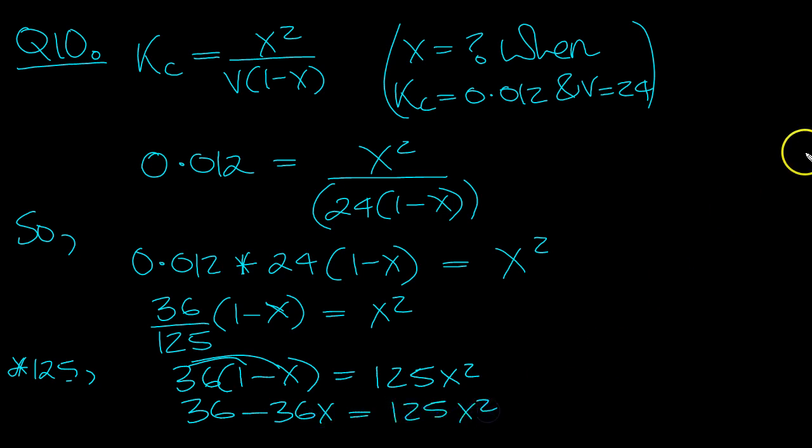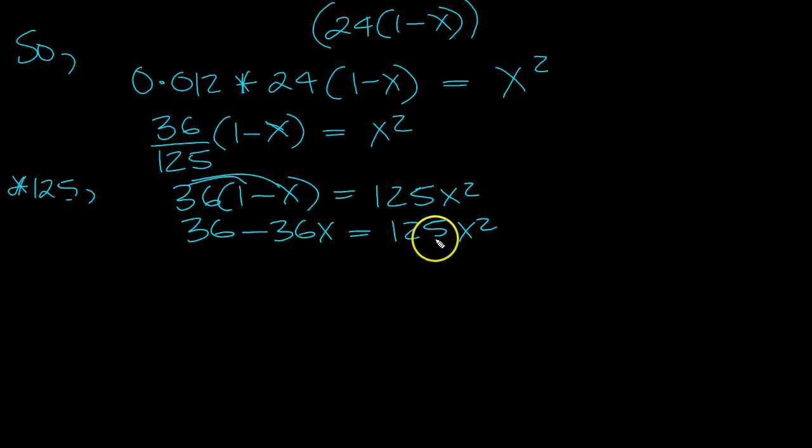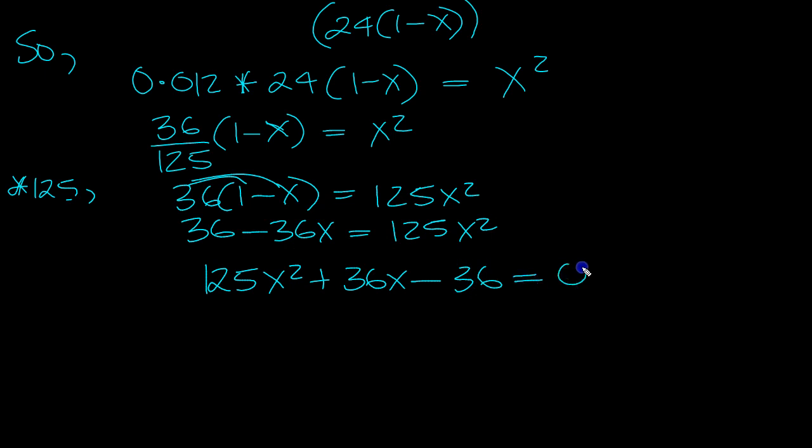X squared, that many x squareds. Move everything over here then. This comes over to be with it. So we've got the 125x squareds here. Move this over to be with it plus 36x. And move this over minus 36. There's nothing left on this side, so we can put the equals naught here.